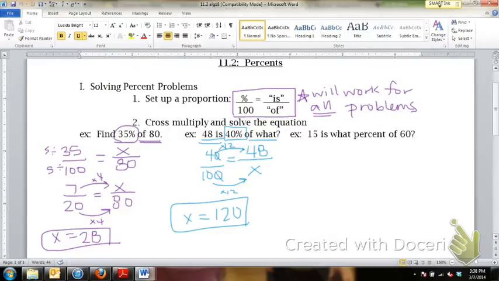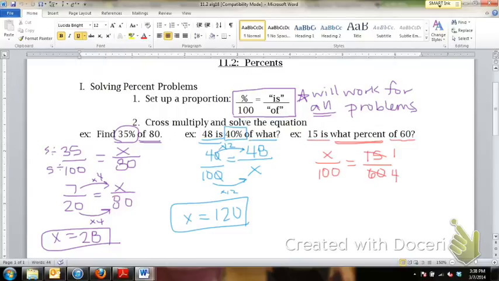Alright, I'll do the last one. We can cheat on the last one, but I'll show you how to do it with cross multiplying. So 15 is what percent? That means I don't have my percent, so I'm going to put the x over the 100, of 60, so 60 goes here. Now I can reduce 15 over 60, so I'm going to go ahead and do that. That actually goes in nicely, 1/4.